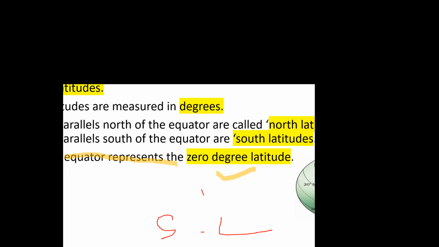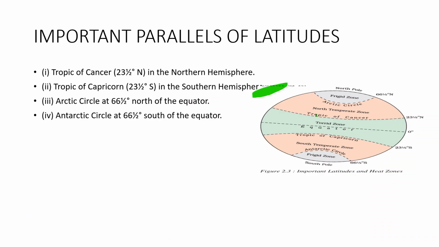So next point we'll move to is important parallels of latitude. Here we can see the diagram. There are four important parallels of latitude: the Tropic of Cancer, which is 23.5 degrees north in the northern hemisphere, and Tropic of Capricorn, 23.5 degrees south in the southern hemisphere.